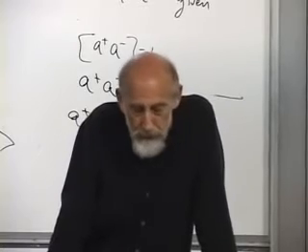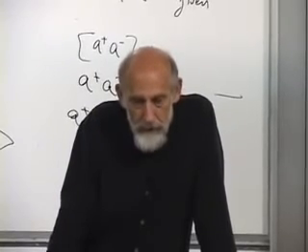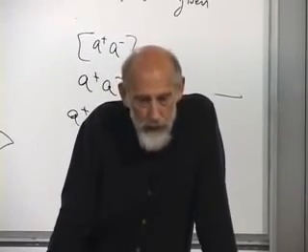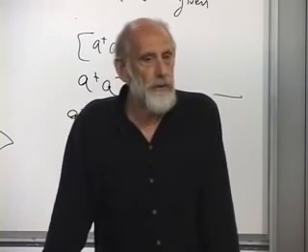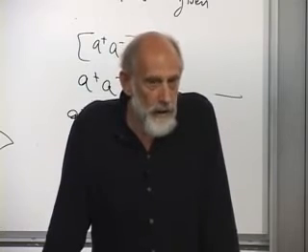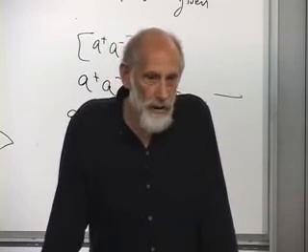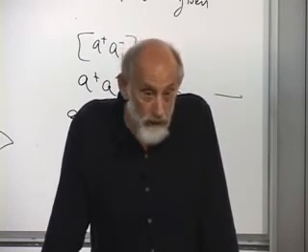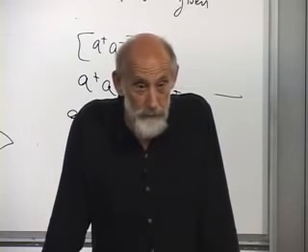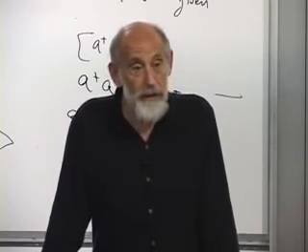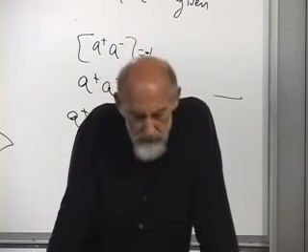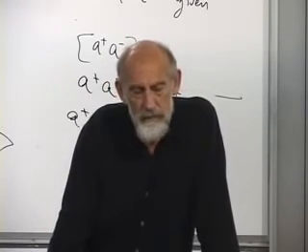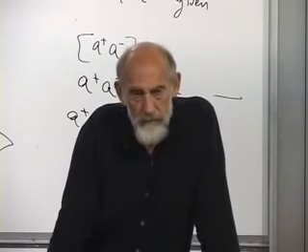I probably never spelled it out, but strictly speaking, the state vectors of a properly defined quantum mechanical system have to be normalizable. That means that the integral of psi star psi, or the sum, or whatever it is, should be able to add up to 1, a probability distribution.